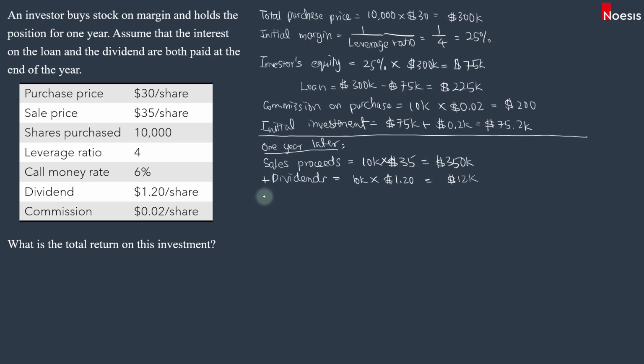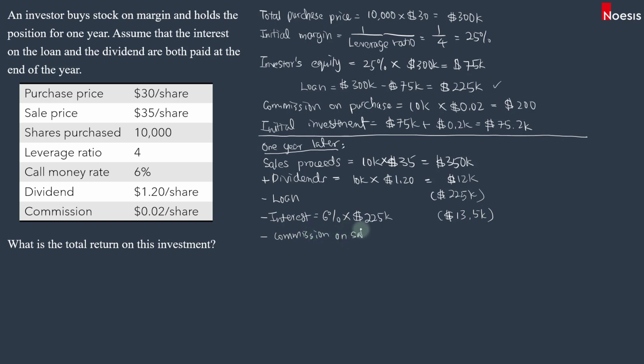And then we'll minus the loan. The loan will be 225,000, so we'll minus that off, and then we'll minus the interest. Interest is 6% times 225,000, so that will be 13,500.